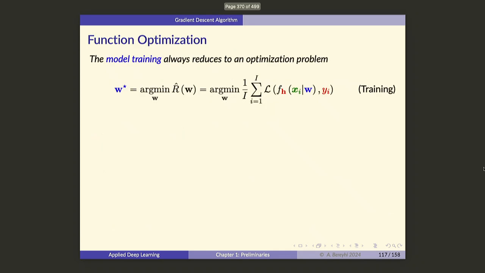So that's it for the deep learning part. What we should start with now is to understand, first of all, how we can do the training, meaning how we can minimize the empirical risk. And this is why we need a very short introduction to function optimization, which we will have after 5 minutes only, please.